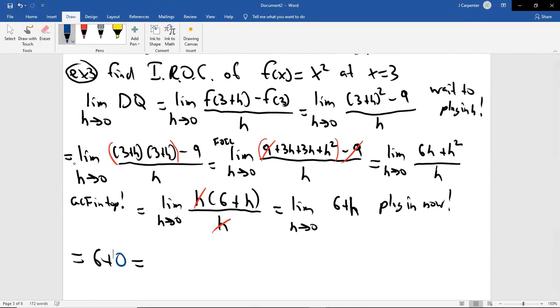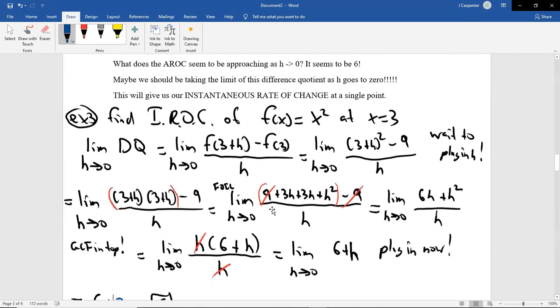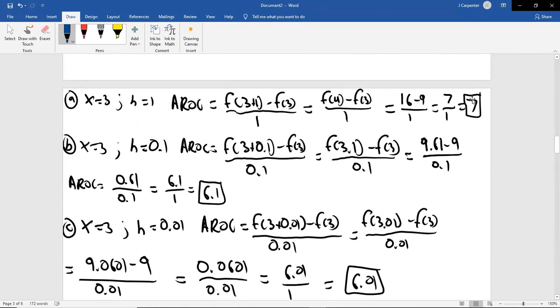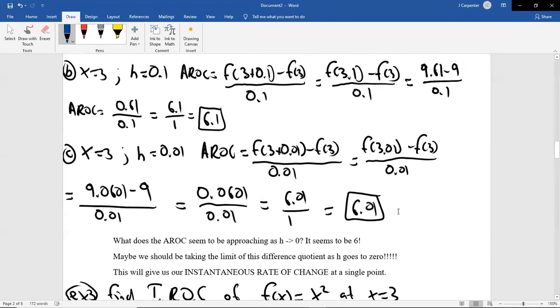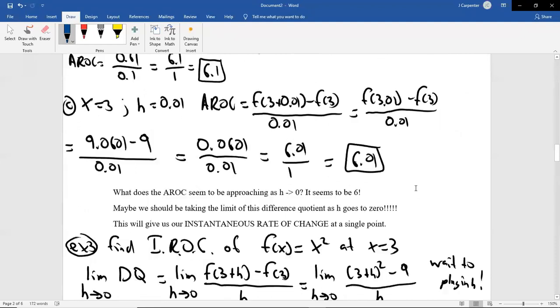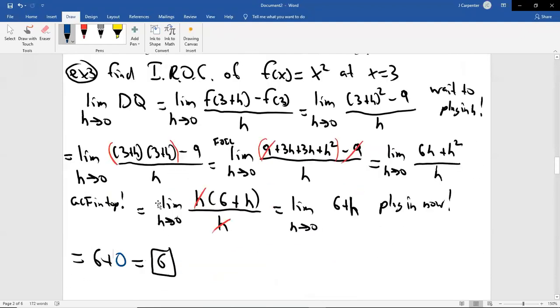Which 6 plus 0 is 6. Now before, we thought that it was approaching 6. It went with a mediocrely large h, it was 7, then 6.1, 6.01, the next would have been 6.001. So this confirms that. If you somehow manage to plug in 0.000000000000000 with infinitely many zeros, you'd get 6.